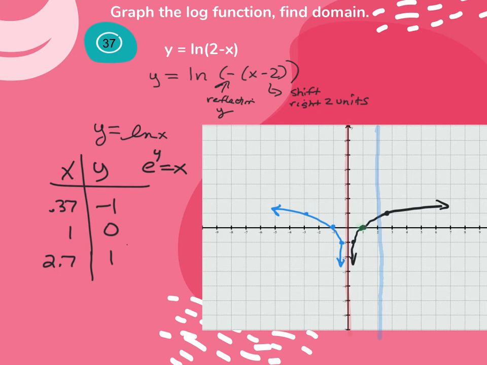So here and to here, here, here, and here. And here would be your shifted graph. So that's the final y equals ln of (2 minus x).